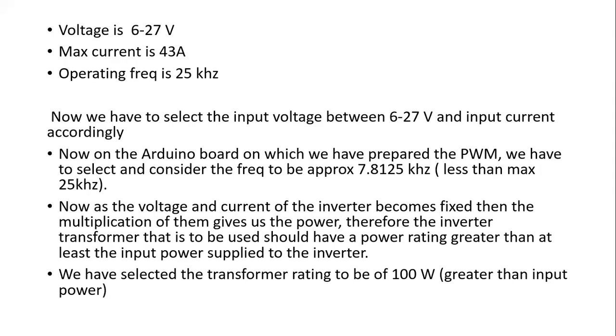Now, as the voltage and current of the inverter become fixed, their multiplication gives us the power. Therefore, the inverter transformer to be used should have a power rating at least greater than the input power supplied to the inverter, or else the transformer may get damaged. Therefore, we have selected the transformer power rating to be 100 watt, which is greater than the input power.